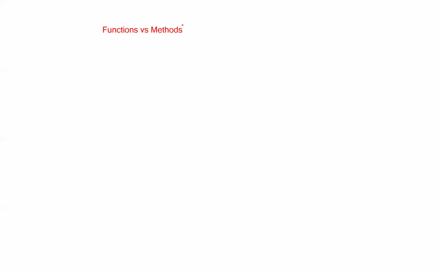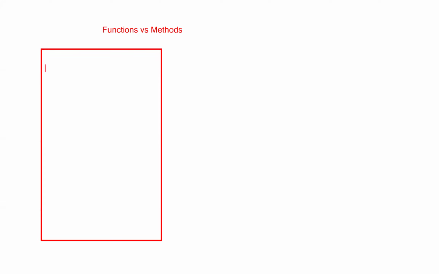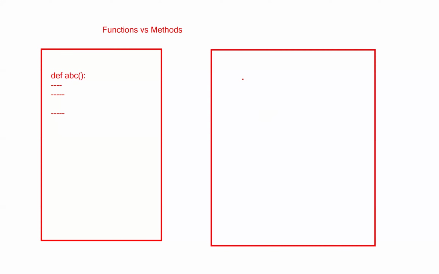When we talk about functions, we are talking about functional languages like Python in this case. Here we define some function A, B, C, and then we are writing down the code inside that, right? So these are functions. But when methods come into the picture, there is the concept of classes and objects which comes into play.